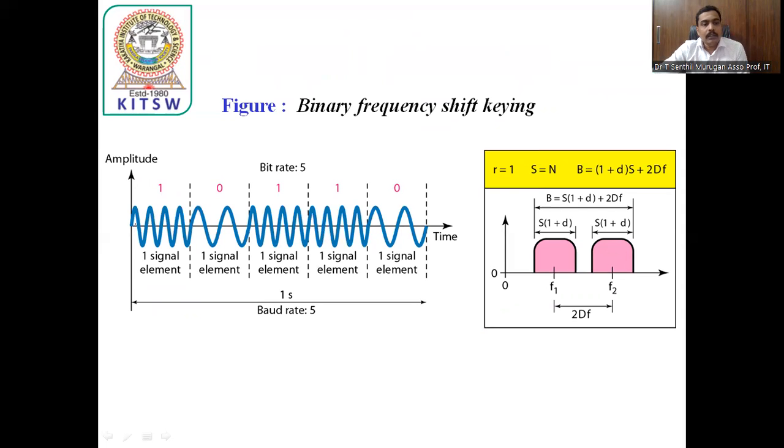Here, for representing 1, there are 4 heads, 1, 2, 3, 4, and only 2 heads representing 0. Like this, here 4 heads, here 4 heads, then here 2 heads.